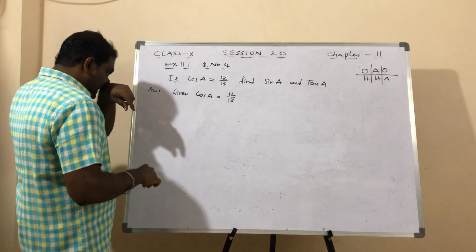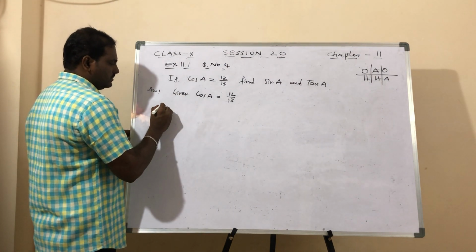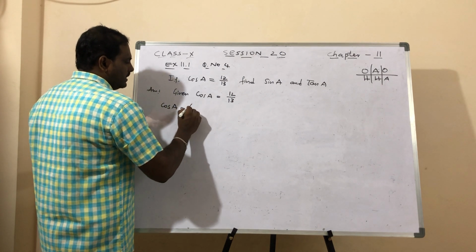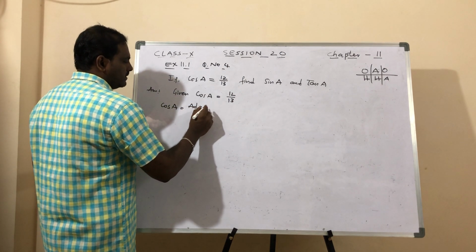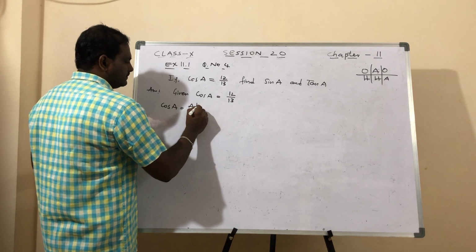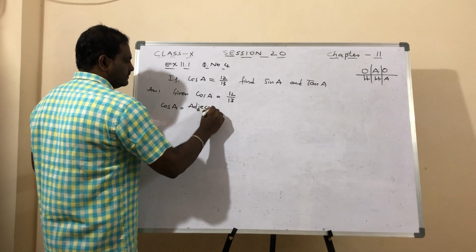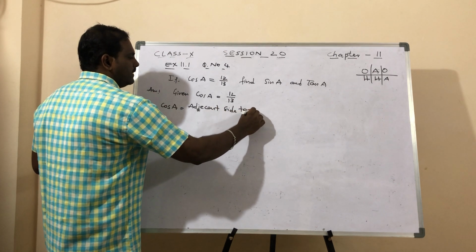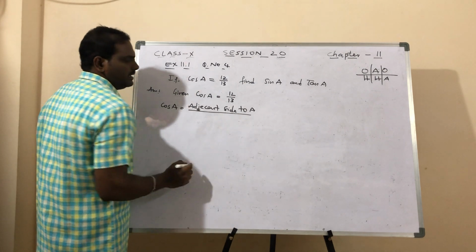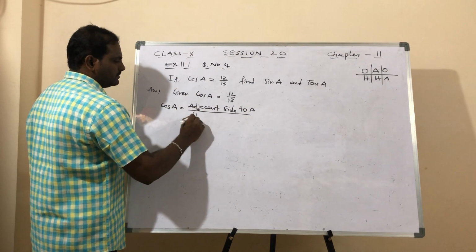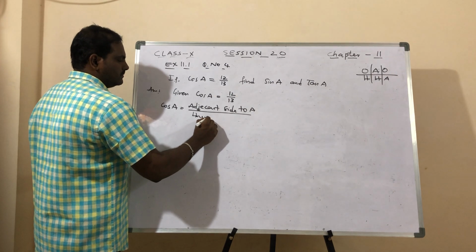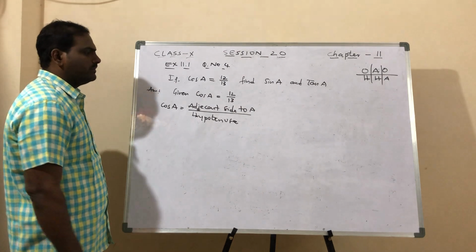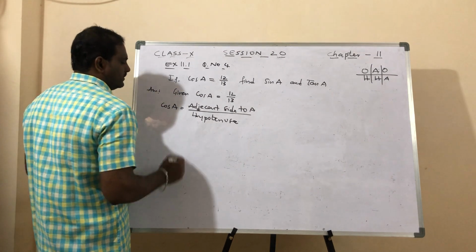Now basing on that, I can write cos A is equal to adjacent side to A by hypotenuse. So this is the formula, that is adjacent side to A by hypotenuse.